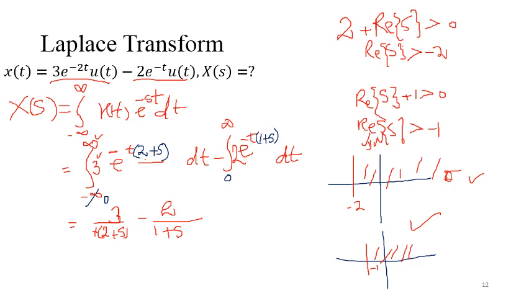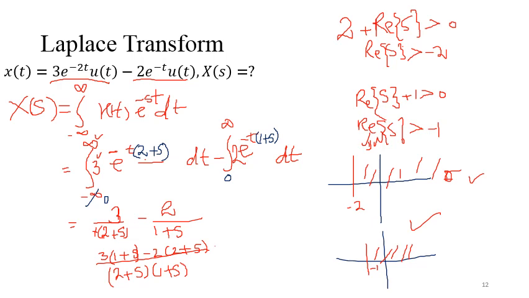And if you simplify it, you get 1 plus s here, and 3 into 1 plus s, and minus 2 into 2 plus s, and at the denominator you have 2 plus s times 1 plus s, right?